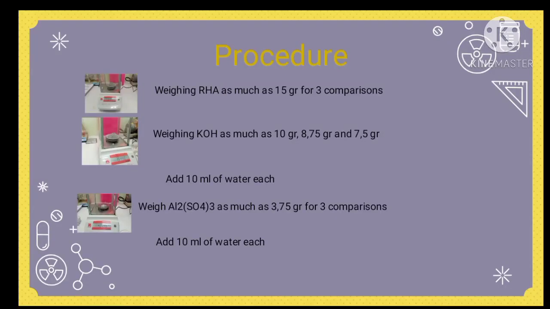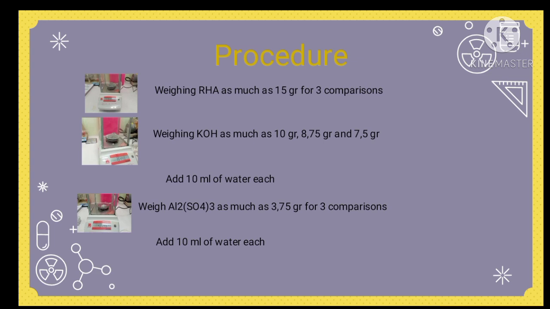Okay, next, procedure. First, weigh RHA as much as 15 gram for 3 compositions, and weigh KOH as much as 10 gram, 8.75 gram and 7.5 gram.